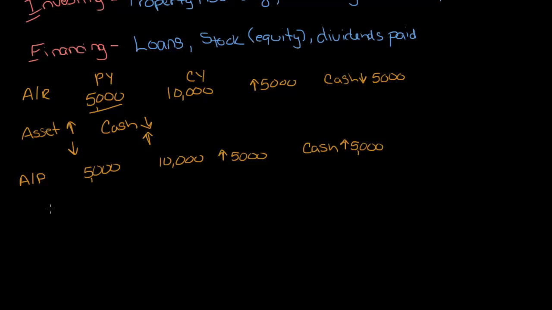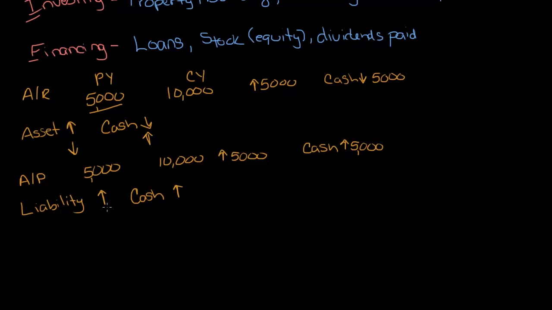Okay, so anytime you have a liability, ask yourself, what happens if I went to the bank and took out a loan? Okay, and say we took out a loan for cash. My liability goes up. What happens to my cash? Well, if I take out a loan, that means the bank's giving me money. My cash goes up.